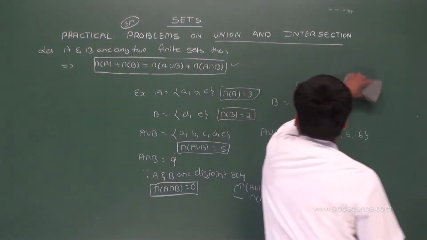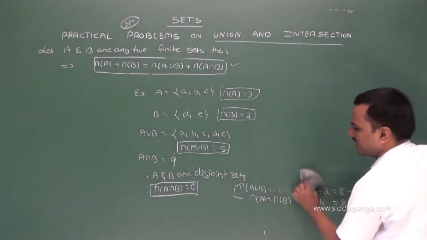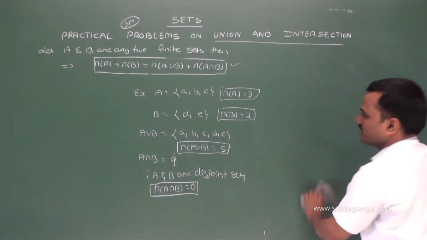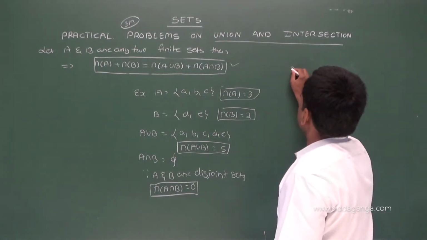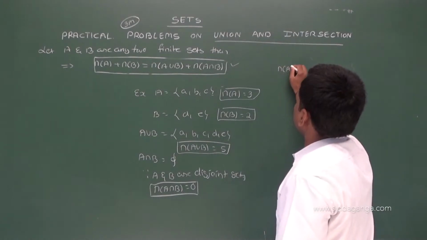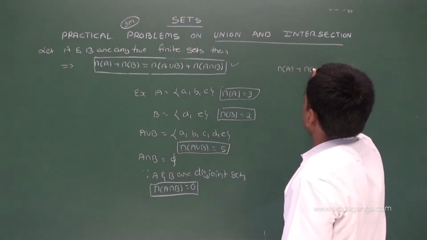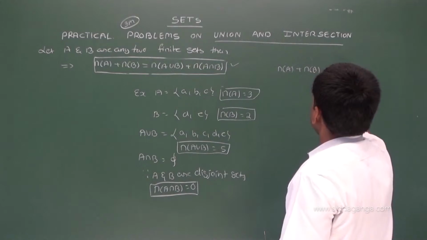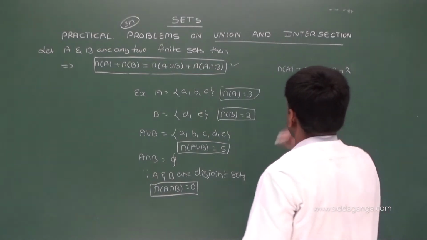So what we do? We add n of A plus n of B. 3 plus 2 is how much? 5.